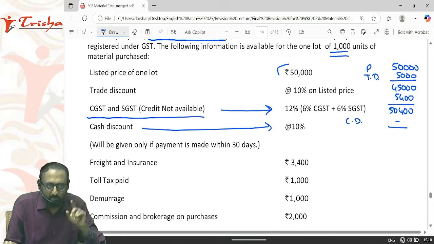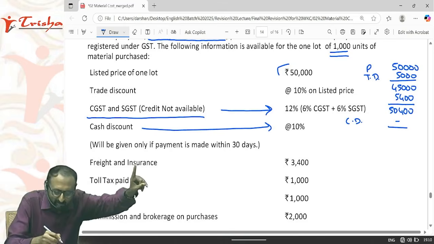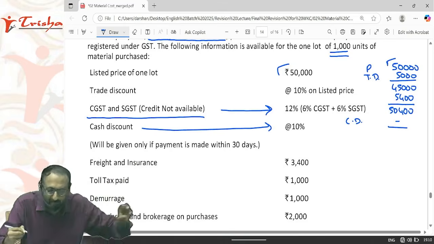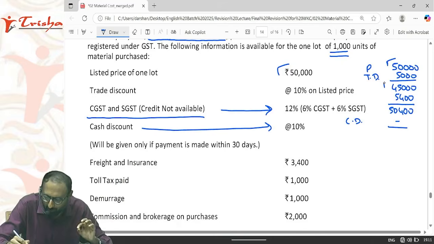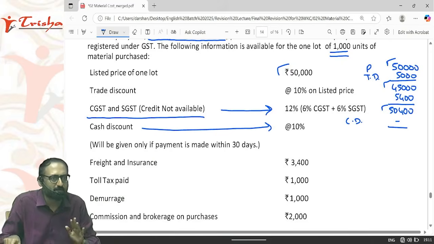Sarji, first question: is cash discount applicable on 50,000, on 45,000, or on 50,400?